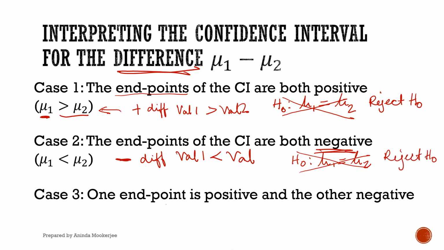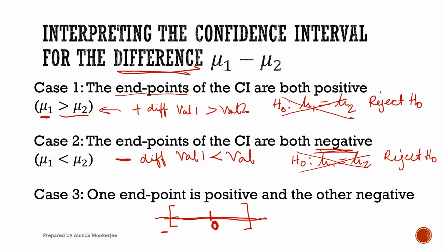And the other case is when one endpoint is positive and the other is negative. So we have a difference of 0. Again, over here, our center point has 0 for a difference, and the confidence interval has one negative endpoint on the left hand side of 0 and the other one is positive.